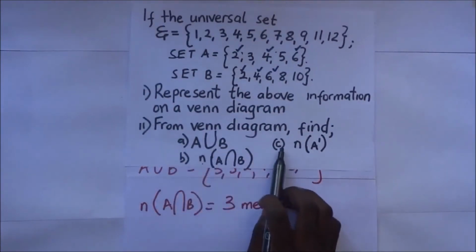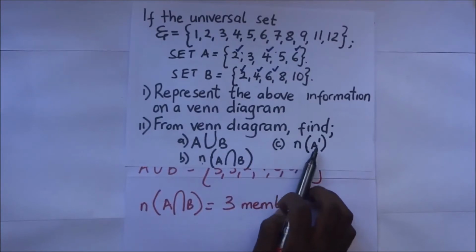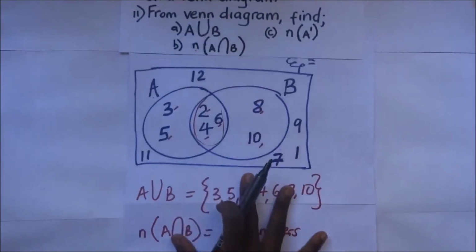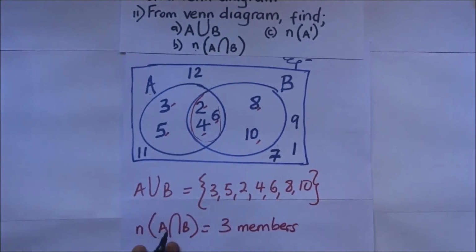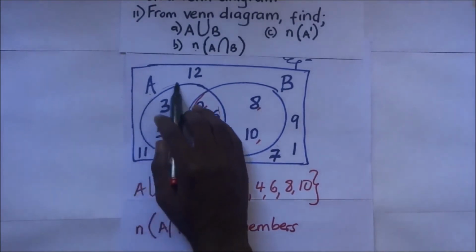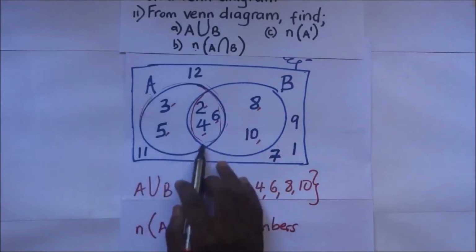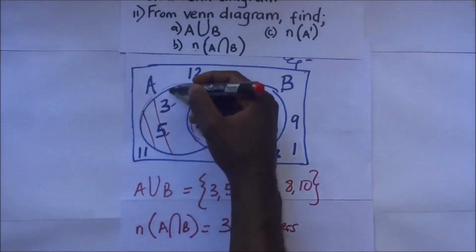Then our part C, they are telling us to find the number of members in A complement. Now when they say A complement, it simply means members that are not in A. So if you look at set A, the circle is this. This is set A, and all the members in set A are inside there.